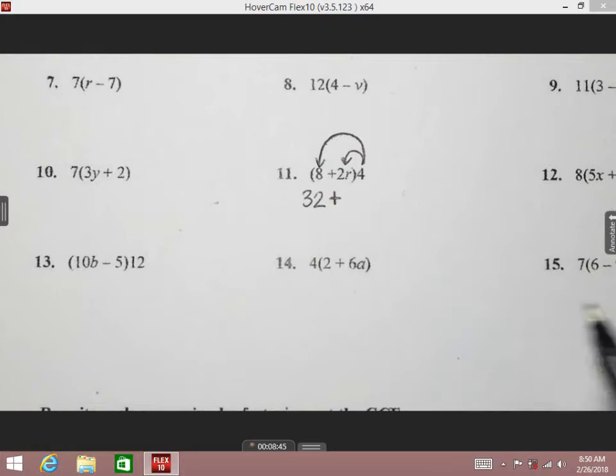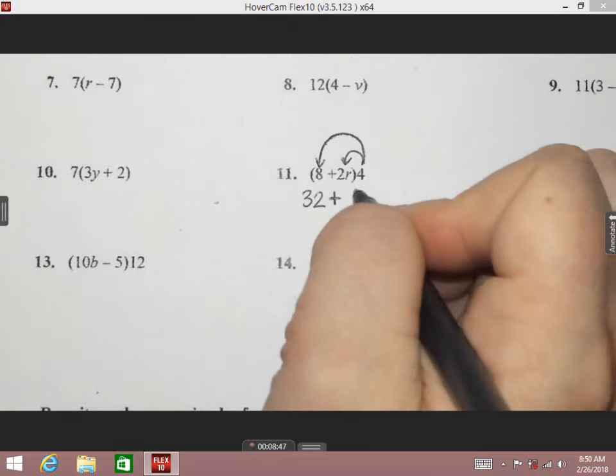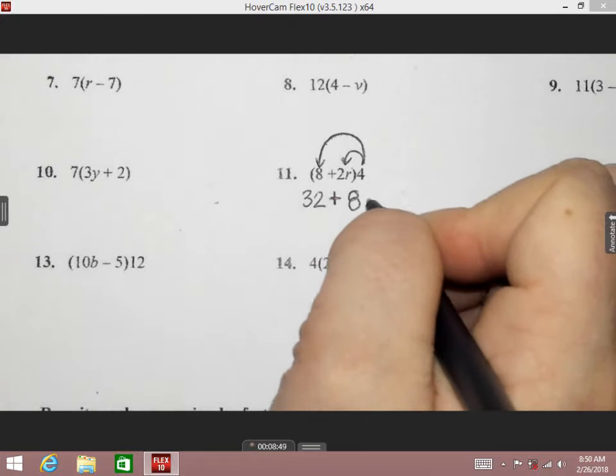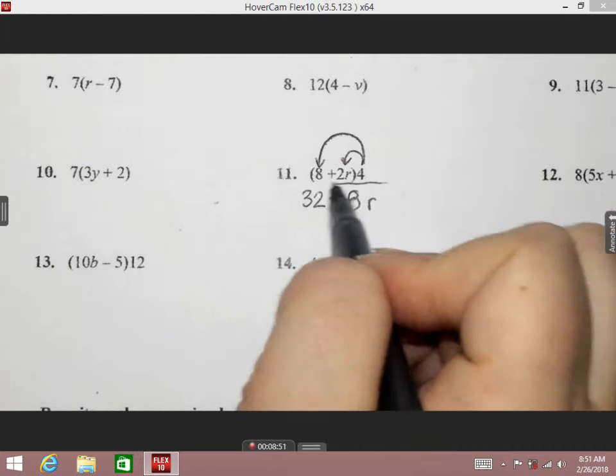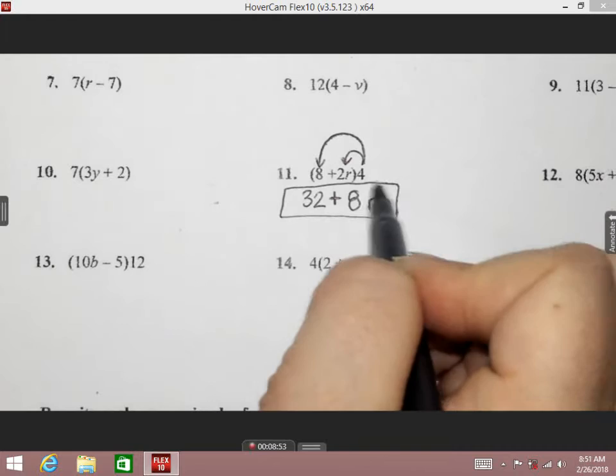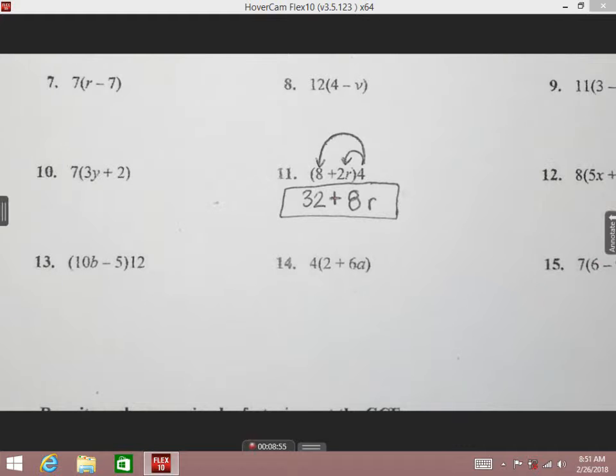And what do we get? 8. And what has to stay with that 8? The R. All right, and that's our answer. These are my favorite because they're super, super easy.